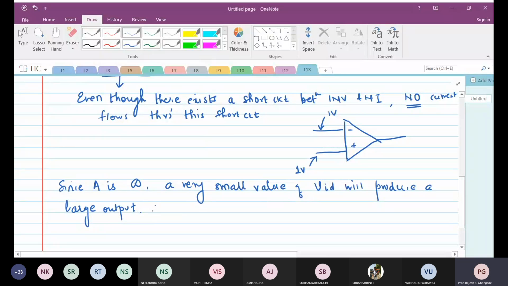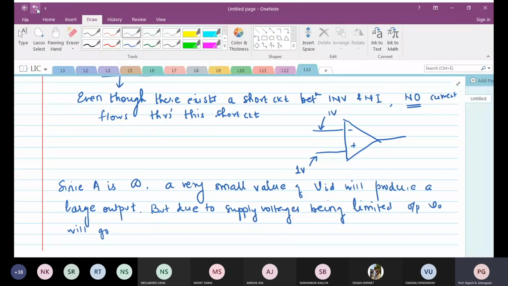So due to supply voltages being limited, output VO will be saturated, or I can say the operational amplifier gets saturated.